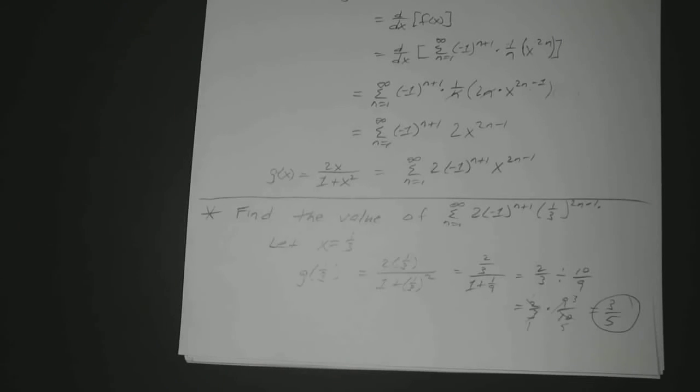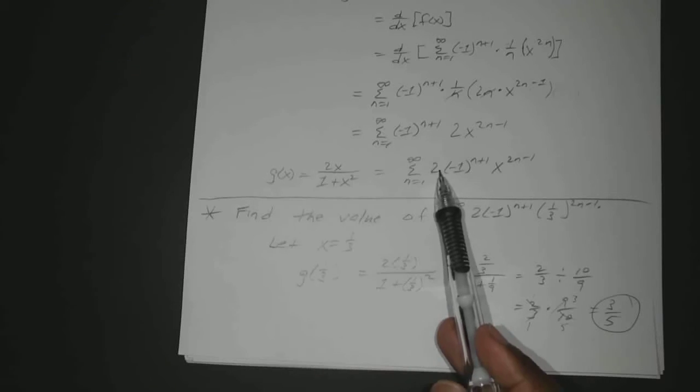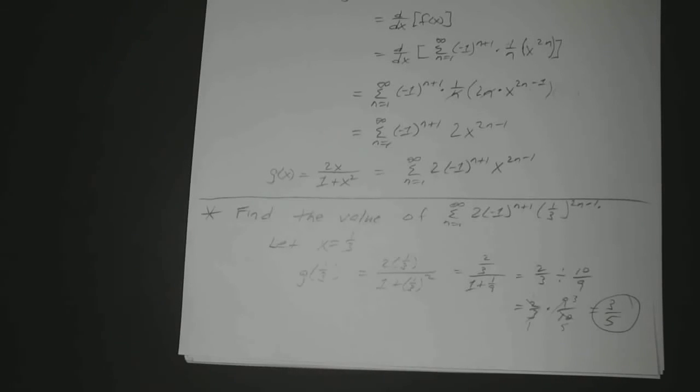As far as going back, I'm thinking since we had the derivative, we integrated, it should take us back. As far as the procedure to go all the way back. Like, would that take us back to the 2x over 1 plus x squared?